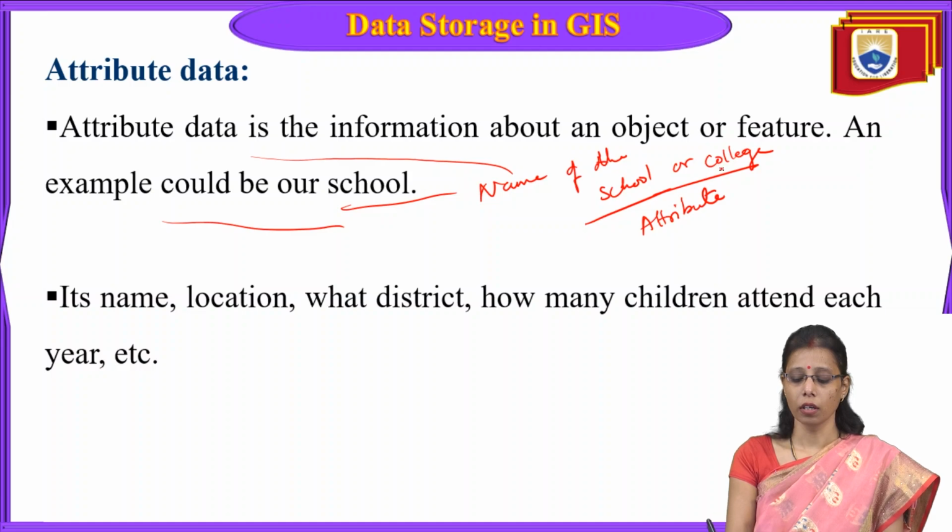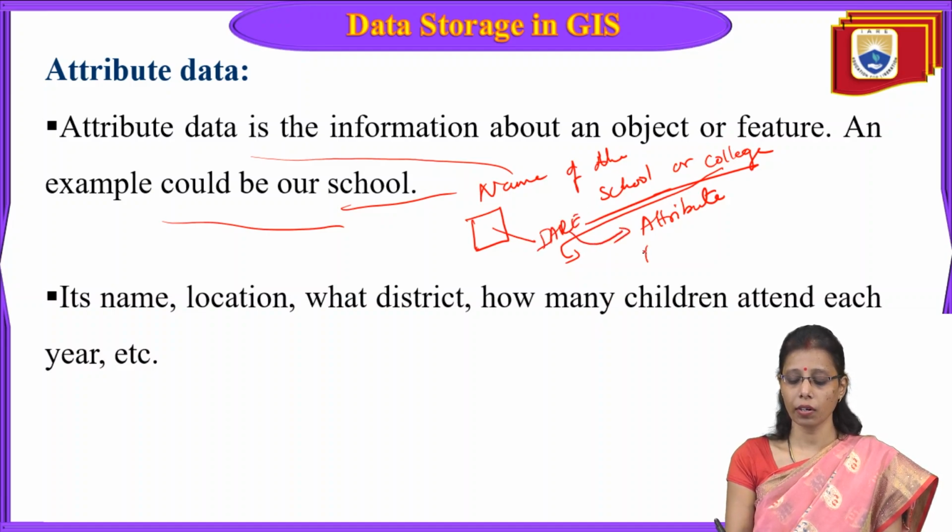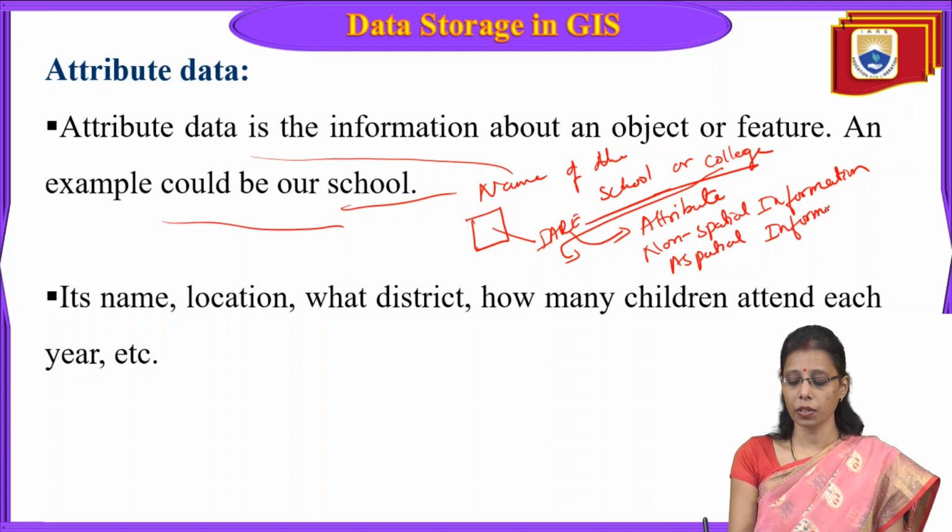So what is the name we assign to this? If this is the school, and you assign the name to the school or college, like IARE, this is called an attribute, or we can call it non-spatial information.